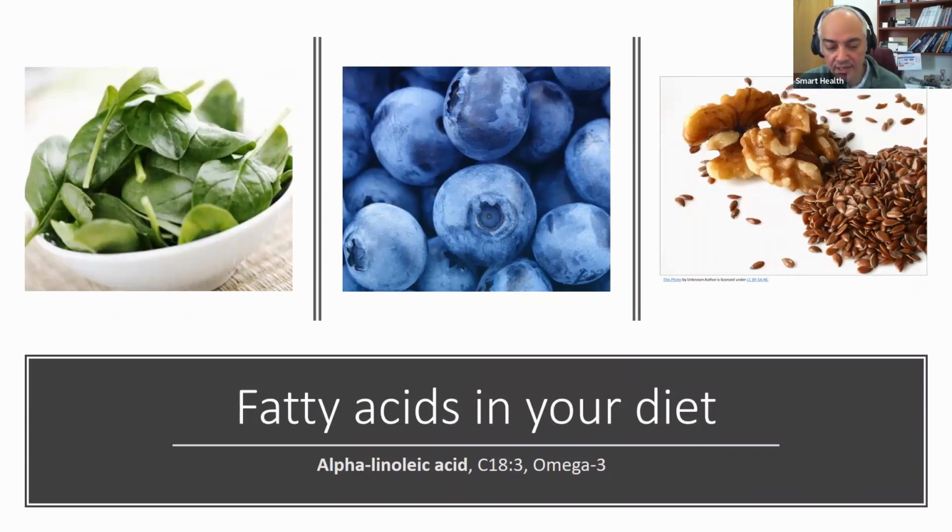In terms of ALA, alpha-linolenic acid, which is extremely important as well for cholesterol balance, we'll show you in a minute how. ALA is an omega-3 required in the diet, and of course we're looking at spinach, blueberries, and also walnuts, and linseed oils, and that's linseed there.